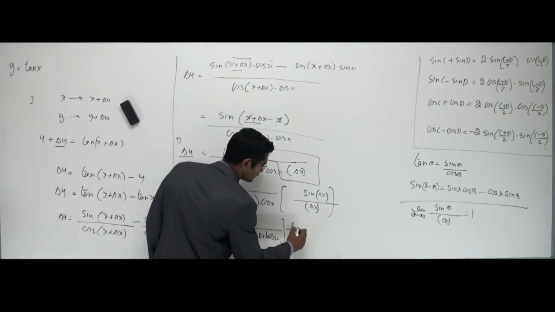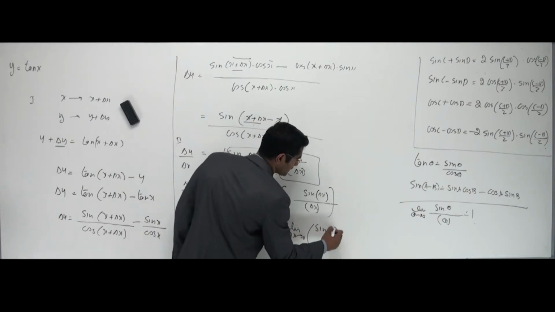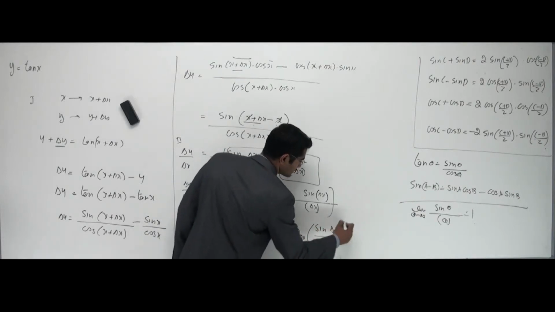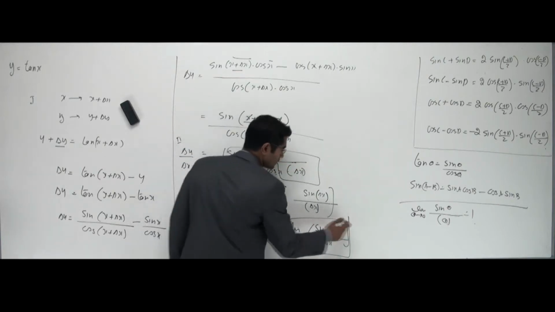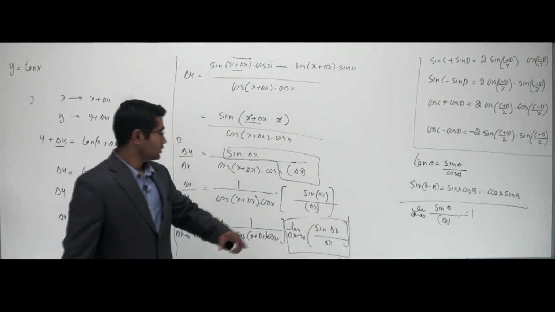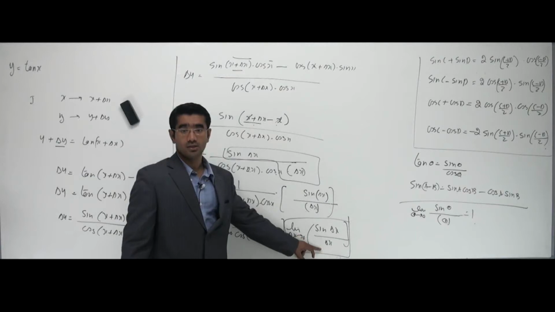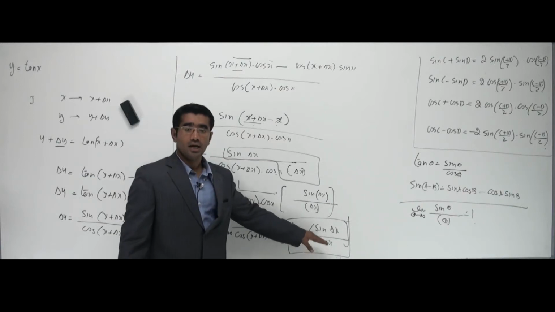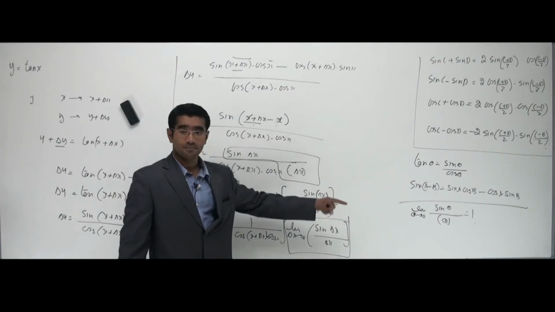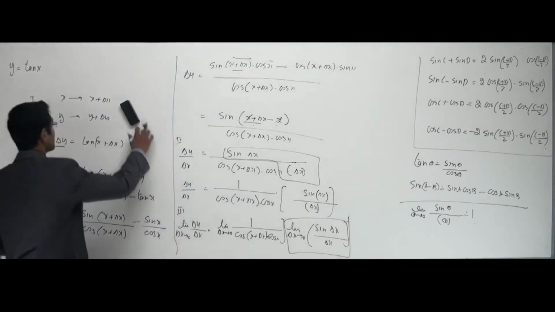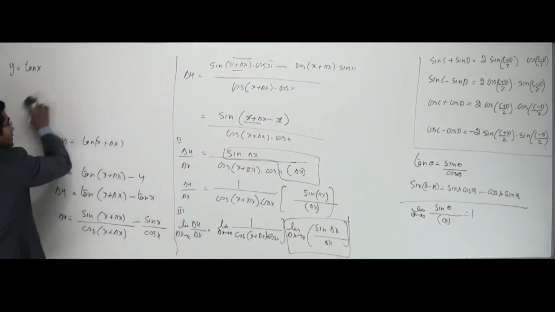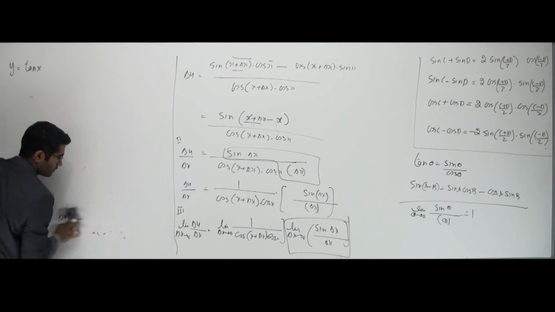Again, limit of delta x tends to 0, I have sine delta x by delta x. Now this guy looks like the formula. Remember, you should not have delta x in the denominator alone, otherwise the whole thing will become infinity. It should be a part of the formula like that. We learned this, right? So now come back to this and erase this.